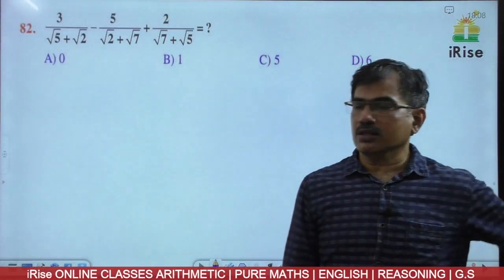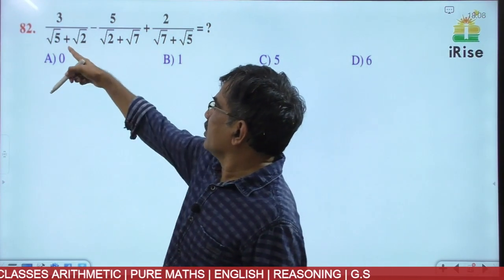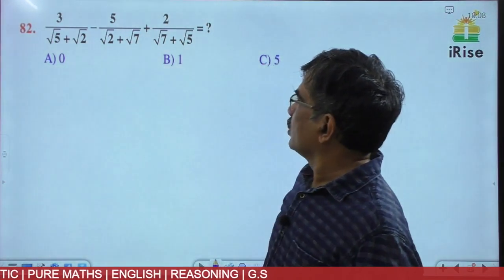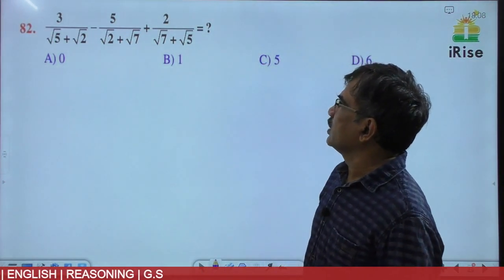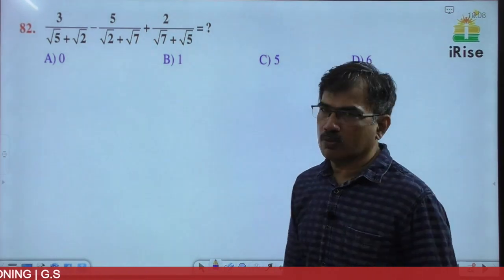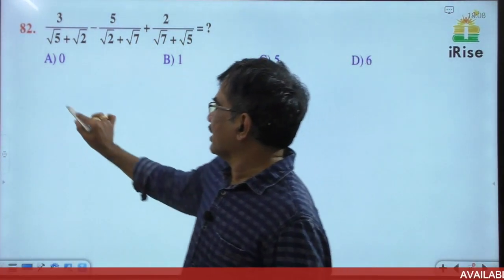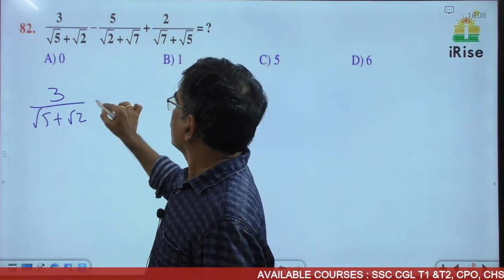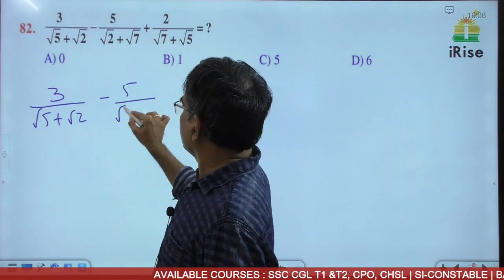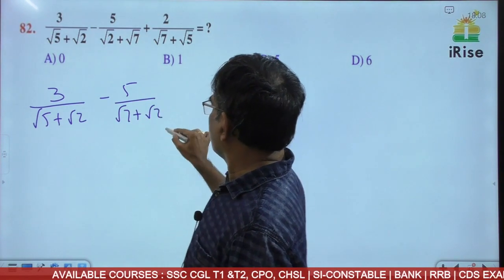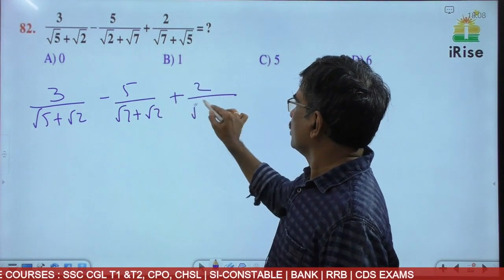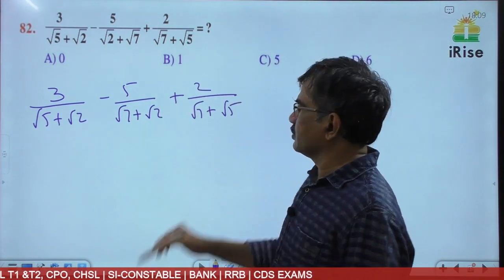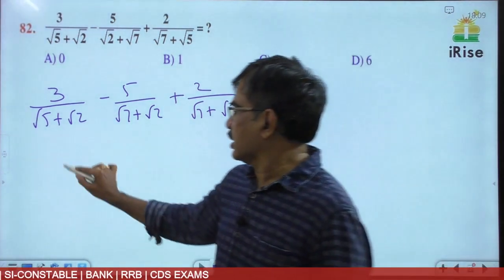See the next question. 3 by root 5 plus root 2 minus 5 by root 2 plus root 7 plus 2 by root 7 plus root 5 is equal to how much? I want to write this directly as 3 by root 5 plus root 2 minus 5 by root 7 plus root 2 plus 2 by root 7 plus root 5. Directly rationalize.